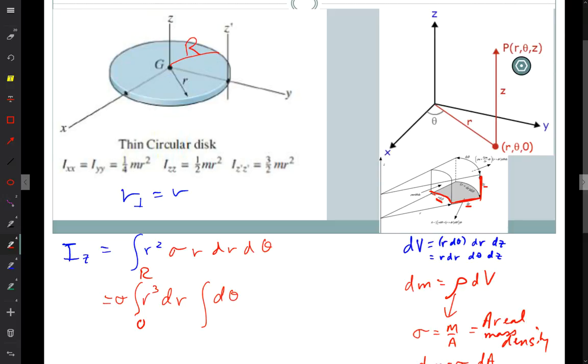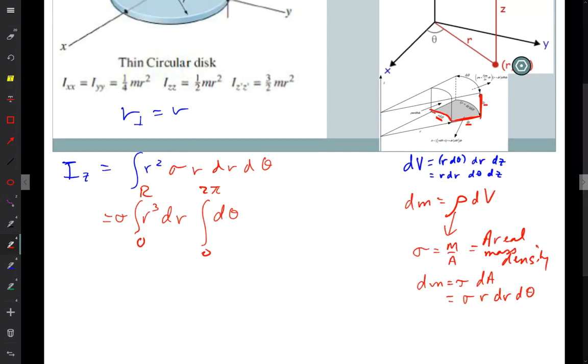And what about the angle? 0 to 2 pi, because we have to go all the way around the circle. To get to all of the mass, I have to go from 0 radius out to the full radius, and I have to sweep around the entire circle. So that would be 0 to 2 pi. Now these were completely separable integrals, so they're two simple integrals.